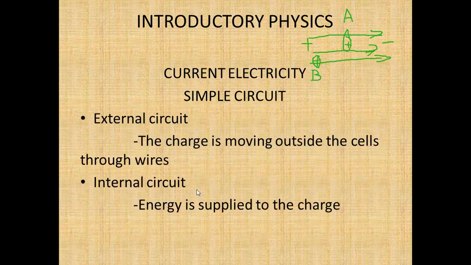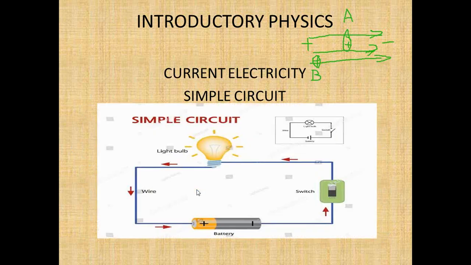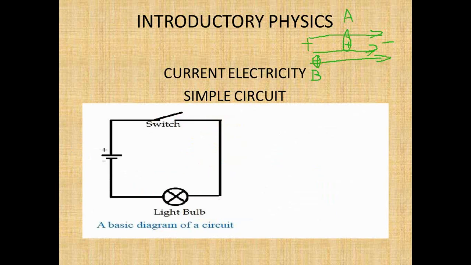Once it gets to the bulb, it's going to light up the bulb, so that your electric potential energy is converted to light energy, and then it's going to travel back to the low potential terminal. And then the battery again is going to move your positive test charge towards the high potential terminal. And then the process starts over and over. So this is your basic circuit, a simple circuit.